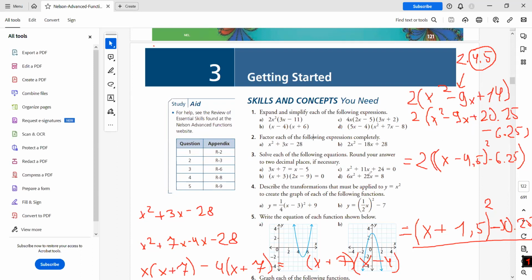In another scenario, for example, if it was x squared plus 3x minus 28, and instead of 3x we would have 4x, and instead of 28 we would have, let's say, 5.